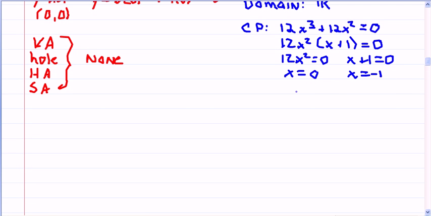So since x is 0, that means one of the critical points is (0, 0), so I don't have to substitute that back into the function. But to find the y-coordinate that goes with -1, I take f(-1).